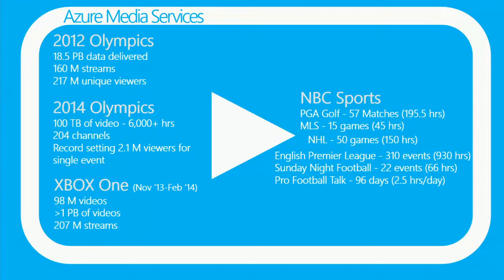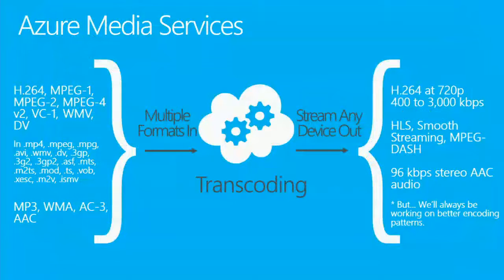For a little bit more of the nitty-gritty, what does Azure Media Services support? It supports all the common codecs that are out there for video and all the common enclosures and audio files. You dump all of those into video for Office 365, or into Azure Media Services, and what comes out the other end is the ability to stream out to any device.